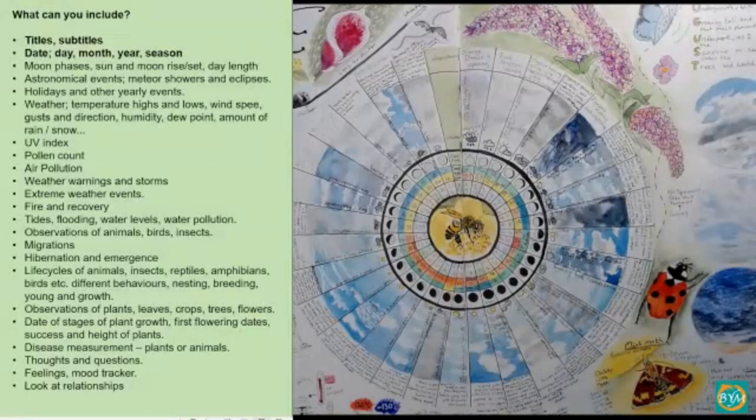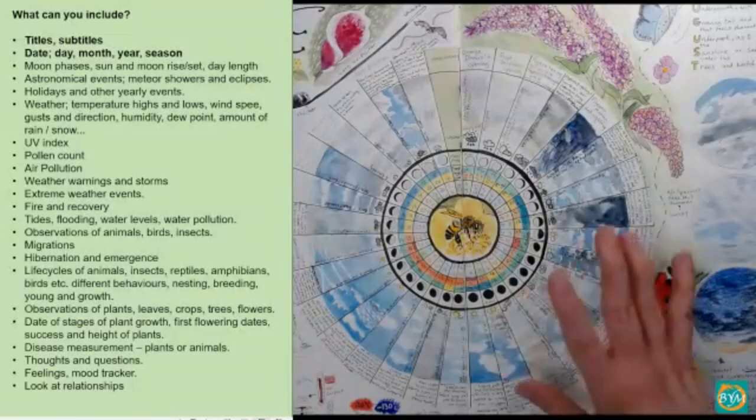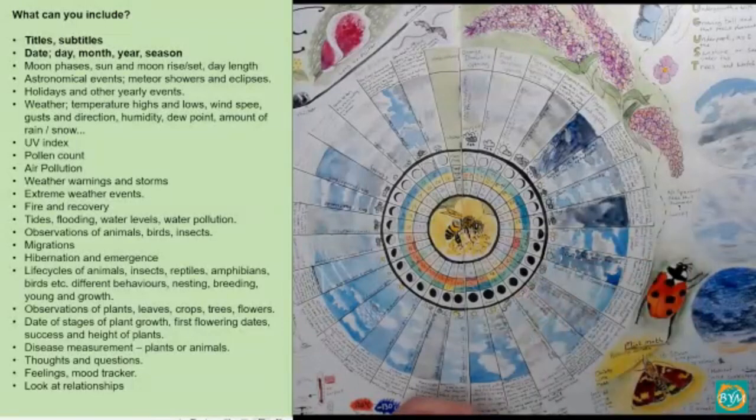You could also think about disease measurement, plants or animals. You can also include things like thoughts and questions that you have each day. You can make it even more personal. So you could make a section for putting in feelings. So use it a bit like a mood tracker.